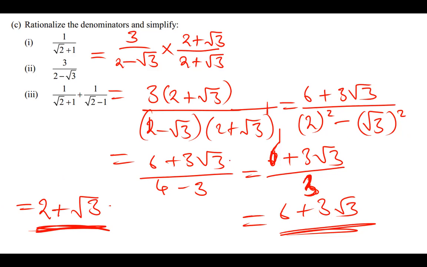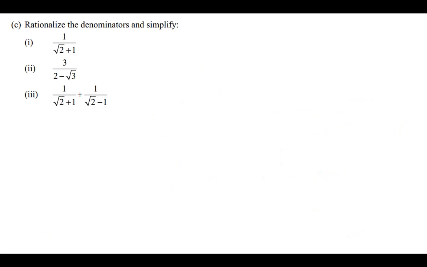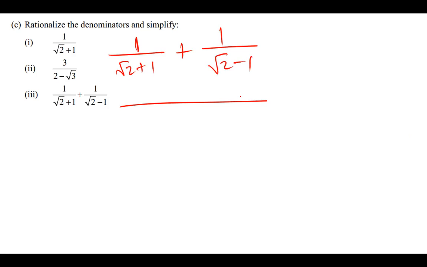All right, so let's quickly proceed. Let's see the other question. Oh, sorry. So this other one, we also do the same. So what you do is you have 1 over the root of 2 plus 1, then plus 1 over the root of 2 minus 1. So here we can just find the common denominator.